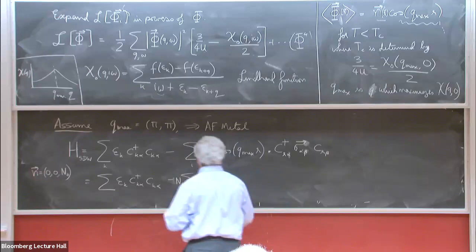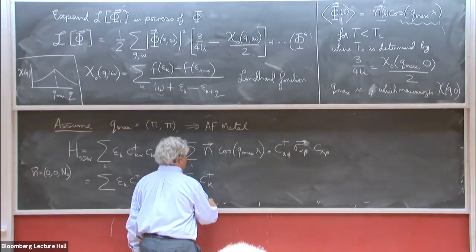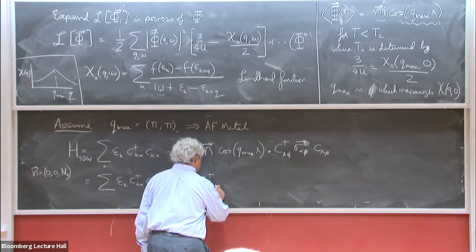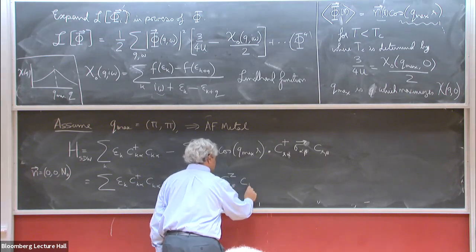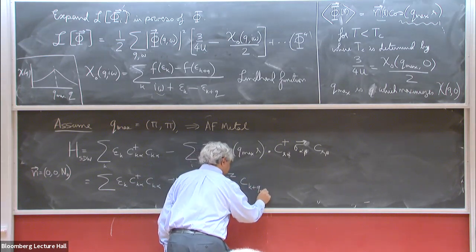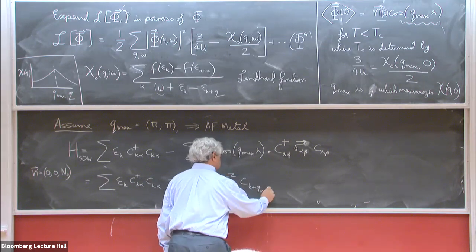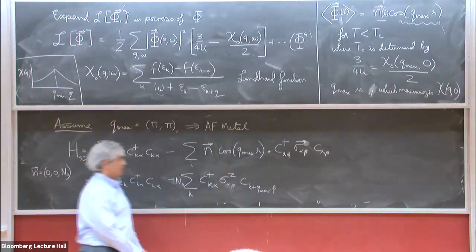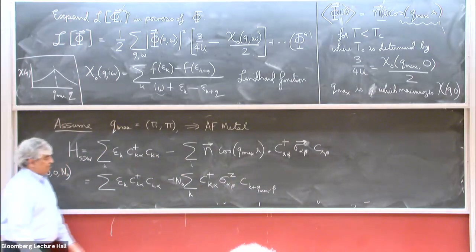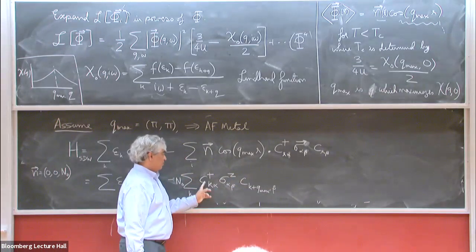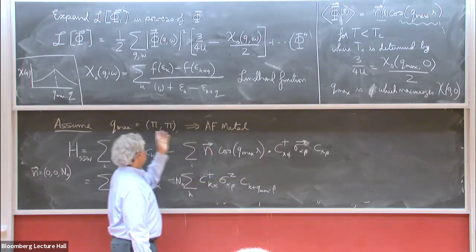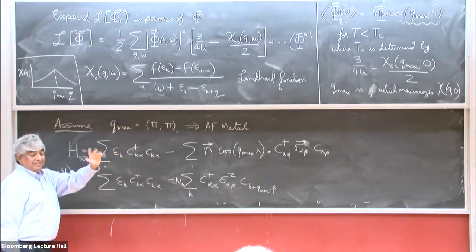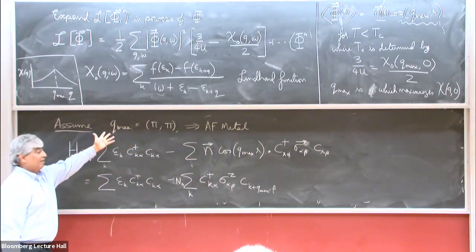Okay, so this would be C dagger K alpha, sigma Z alpha beta, C K plus Q max. So it basically scatters the electron from momentum K to K plus Q. Now, the nice thing about this Q is that 2Q is the same as nothing, is 0, because of (pi, pi).